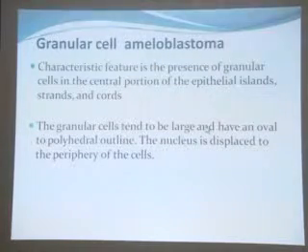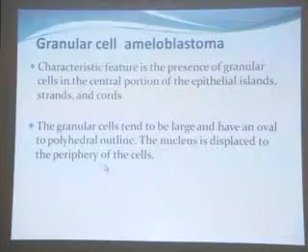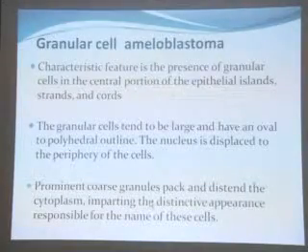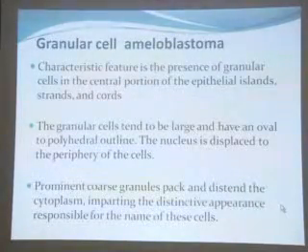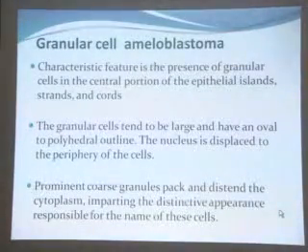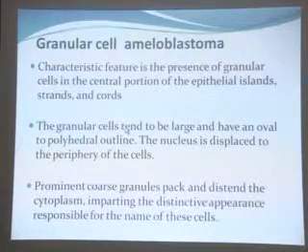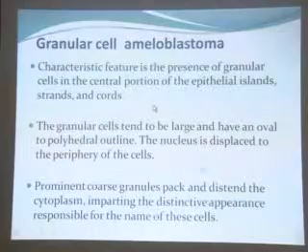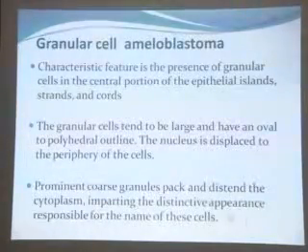Because of these large polyhedral cells filled with granules, the nucleus is displaced to the periphery of the cells. These prominent coarse granules pack and distend the cytoplasm, which imparts the distinctive appearance responsible for the name of these cells. This is called granular cell ameloblastoma. Why granular cell? Because these polyhedral cells are packed with prominent coarse granules.